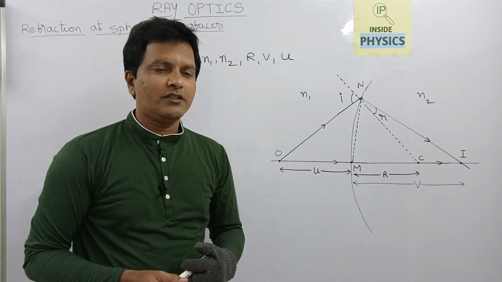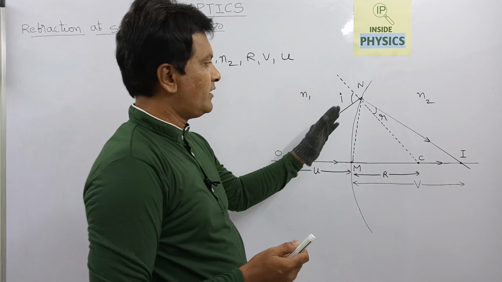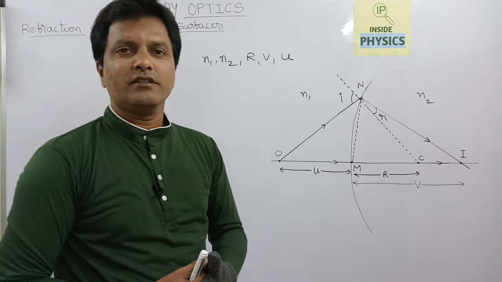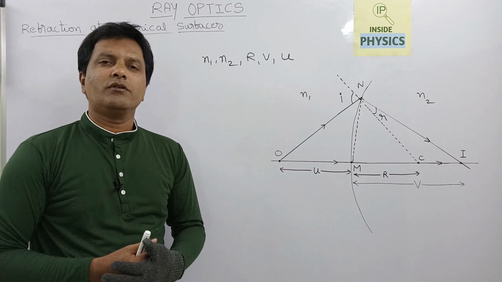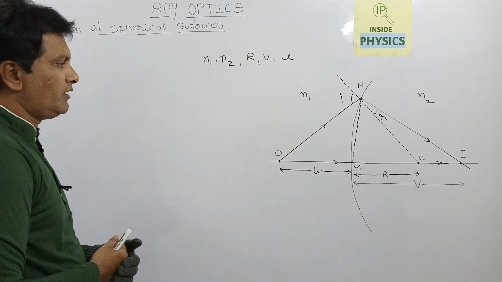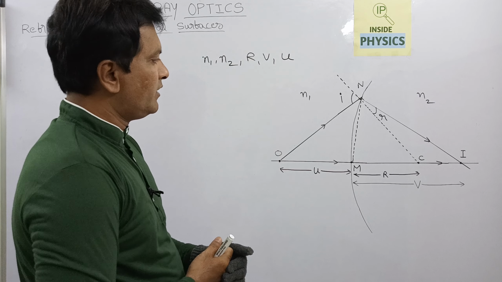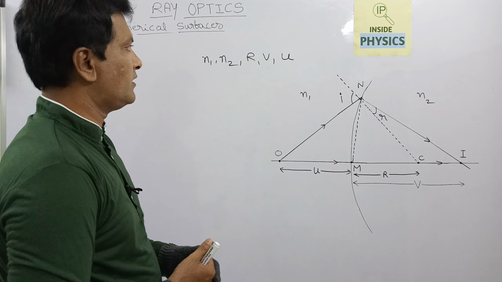With that derivation or formula, we will observe the refraction at any curved surface. The relation which we are going to derive will be applicable to all curved surfaces. So how do we develop a theory or derive an equation for the refraction at curved surfaces?